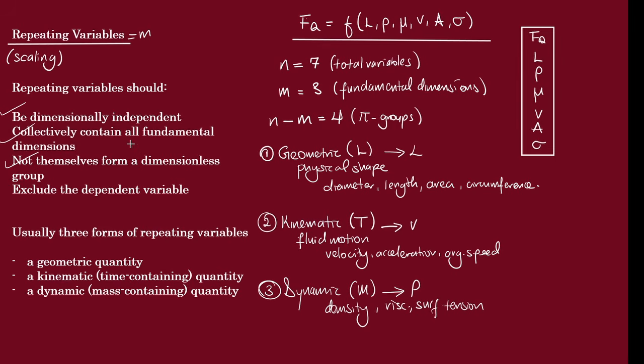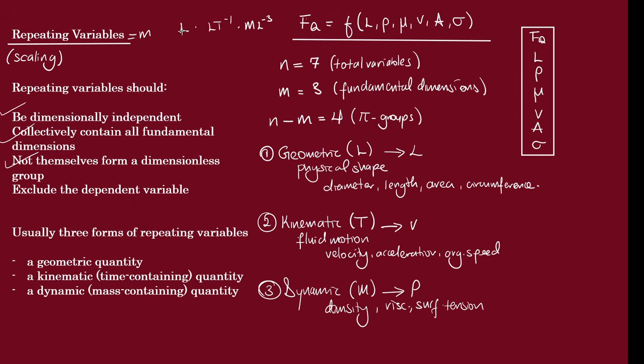They themselves must not be able to form a dimensionless group. So let's look at the dimension for length L. So that's going to be L. Dimension for velocity V is going to be length per time. And dimension for density rho is going to be mass per length cube.